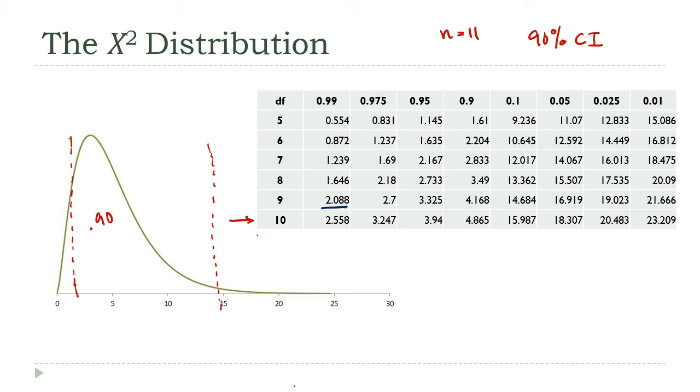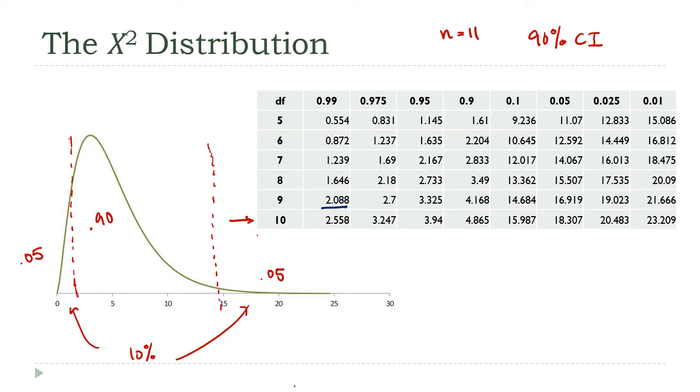Right, we're going to do the same kind of dance we've done with all of our other distributions. If 90% is in the middle, then the two outer tails must contain the remaining 10%. And just like with our previous calculations, I want it to be split evenly. I want to have 5% above and 5% below.